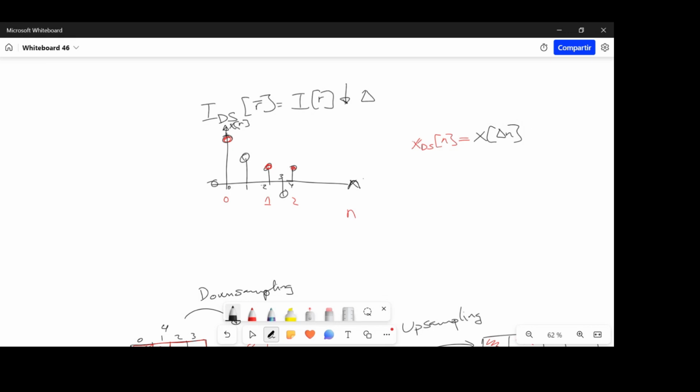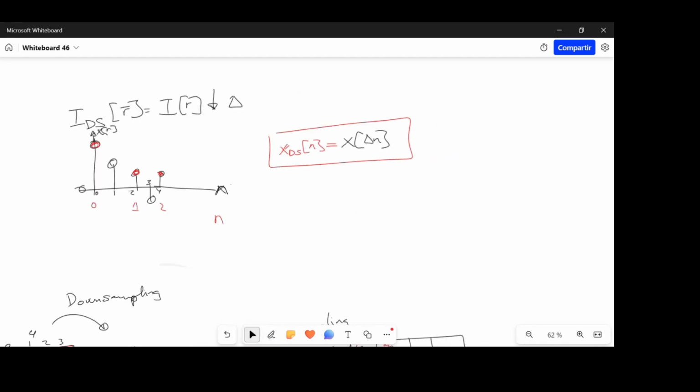If you look at these numbers, it seems to be correct. The red sample at 0 is the black sample at delta times 0, that is also 0. The red sample at 1 is the black sample at delta times 1, that is 2. So this is the downsampling operator.